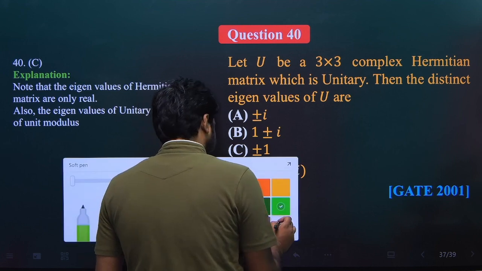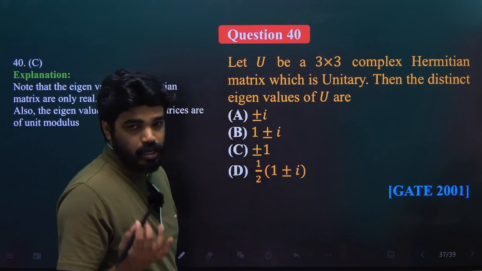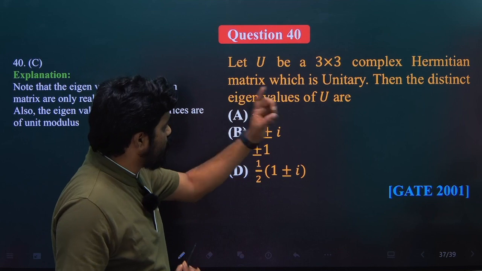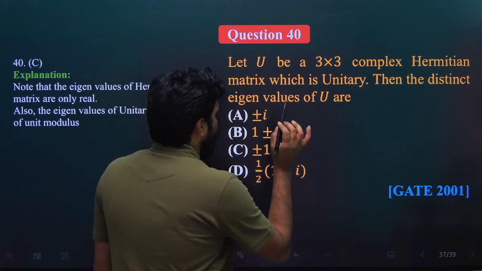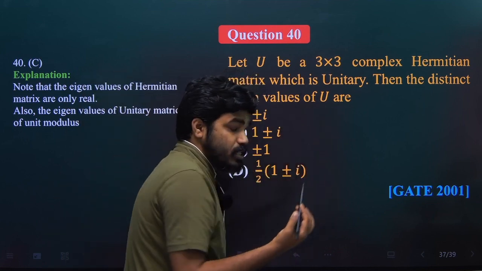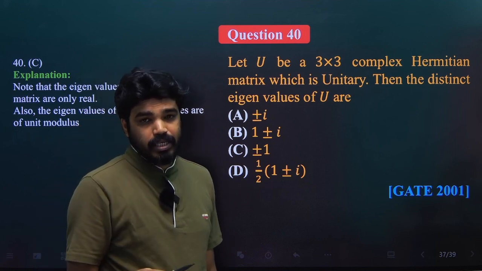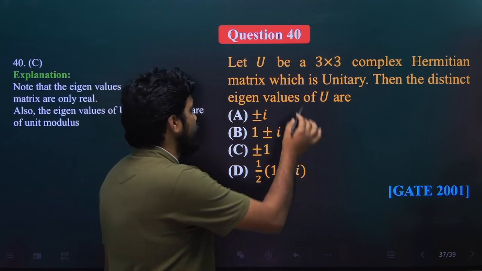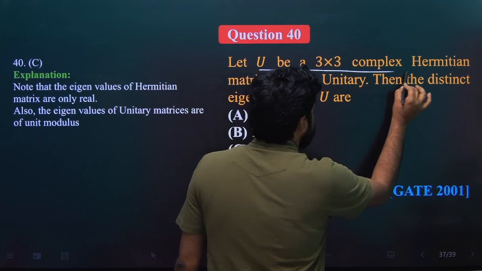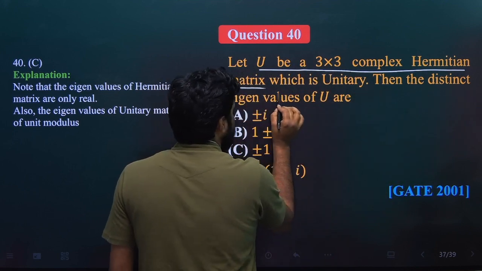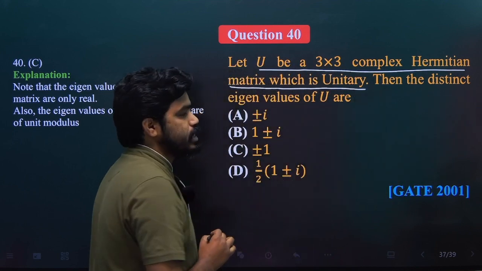What are the eigenvalues of a Hermitian matrix? All real. We know that the eigenvalues of a Hermitian matrix are all real, and also that the eigenvalues of a unitary matrix are of unit modulus. It is given that A is a 3x3 complex Hermitian matrix which is unitary.